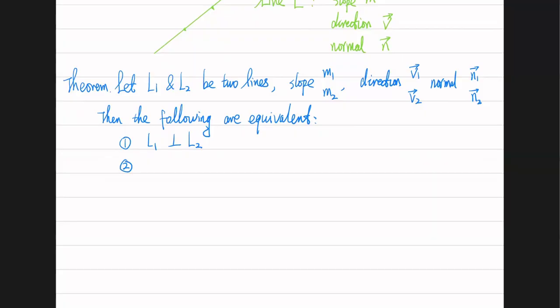The two directions, two normal vectors, two slopes.